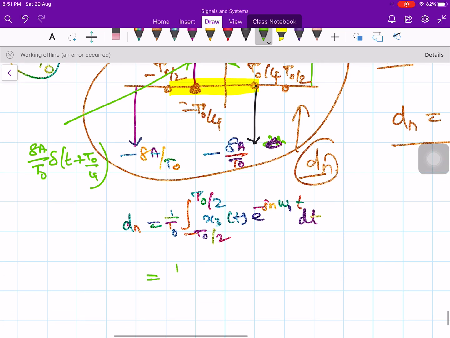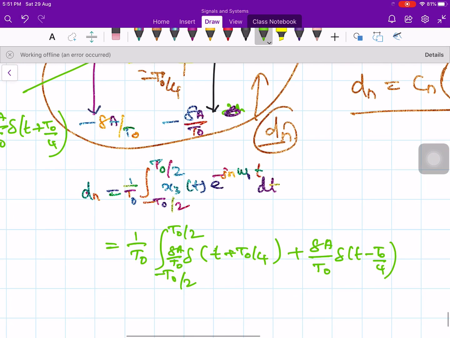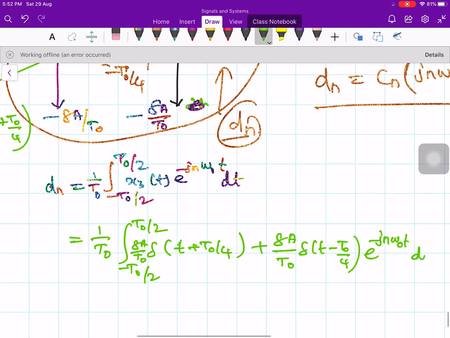So this is 1 over t naught integral from minus t naught by 2 to plus t naught by 2 of del of t plus t naught by 4 times 8a by t naught, then plus 8a by t naught del of t minus t naught by 4, times e to the minus jn omega naught t dt, like this.